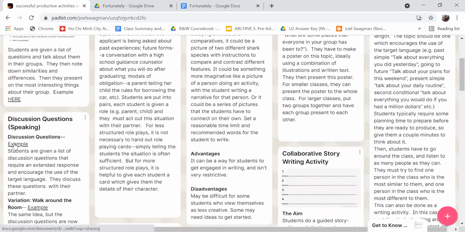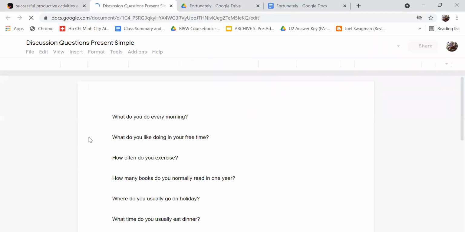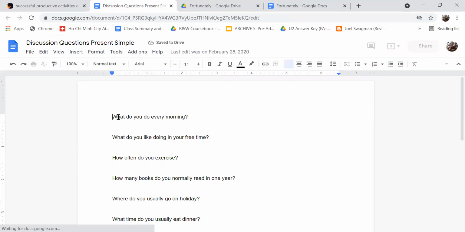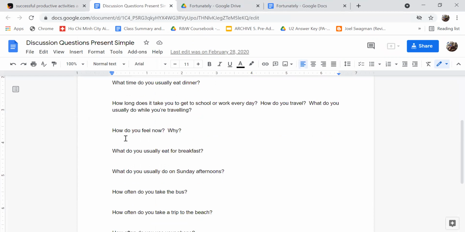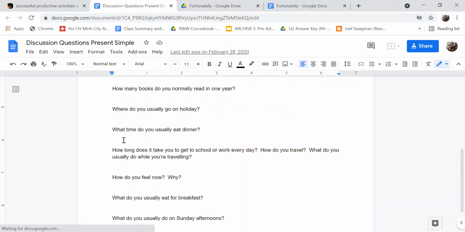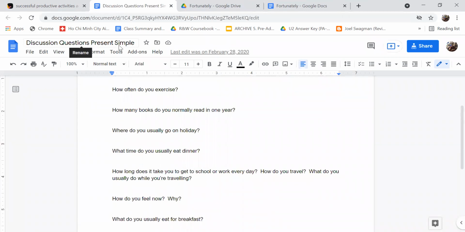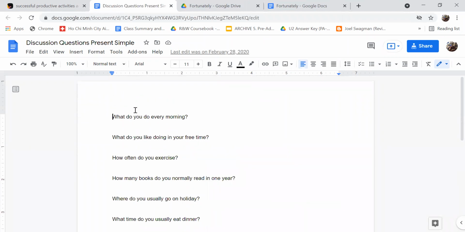Another classic one is discussion questions. Now, this has the obvious disadvantage of not having a communicative outcome. It's just discussion questions that the students talk about. They can be used for a certain grammar point. For example, here they're being used for present simple habits.